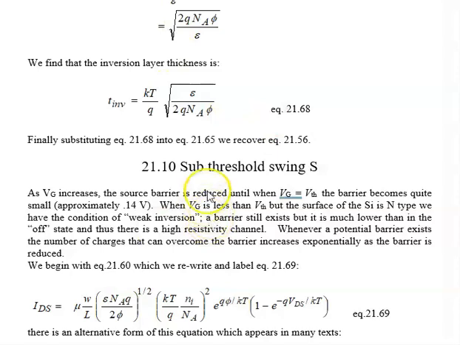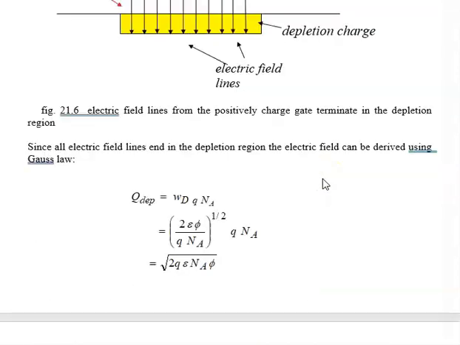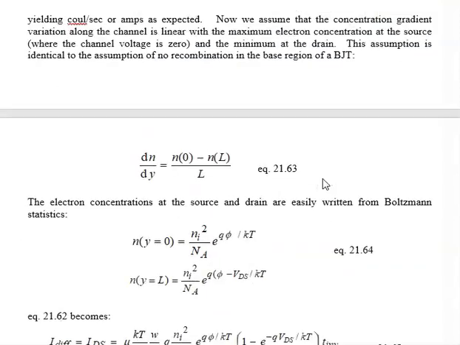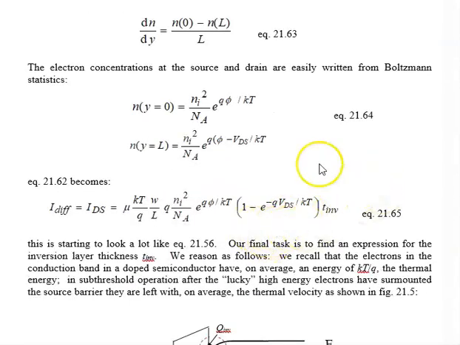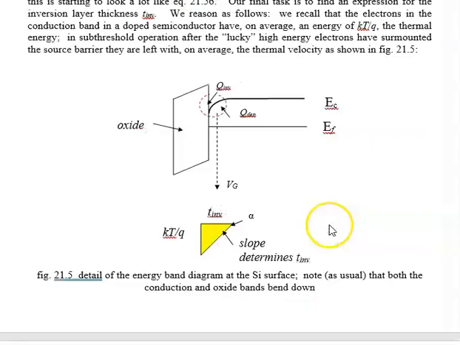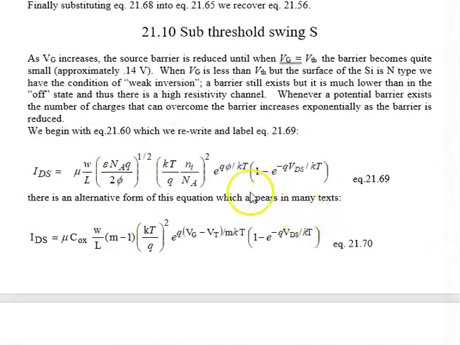So now we go on to the really interesting, important subject of subthreshold swing S. And what we do is we start with 265 right here, but we put in the expression we found for T inversion. And that we call equation 269. Here, there's no T inversion, so that's a really good thing.